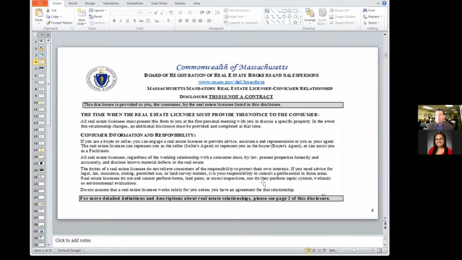So if someone says to you, I have a radon problem, what does that have to do with me? I found you a home. I gave you this form. I gave it to you at the right time. I assume you read it, and it says it is your responsibility to check out environmental things. Why didn't you do a radon test? I mean, what do you want me to tell you?